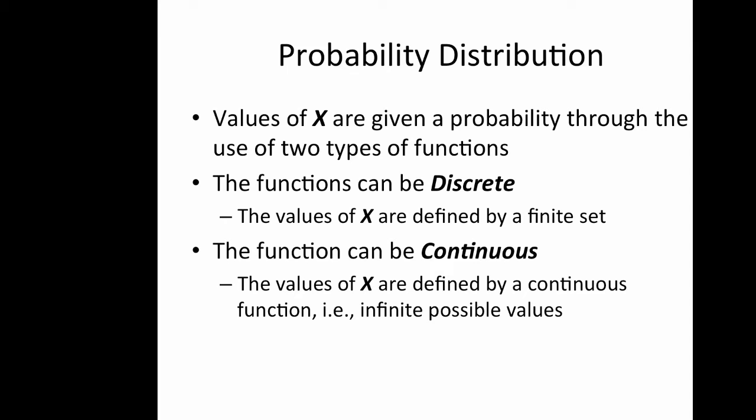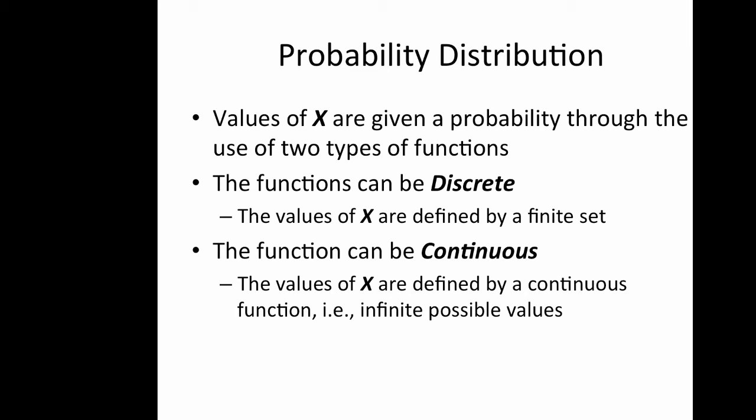The function could also be continuous. In continuous, the values are defined by a continuous function. In that case, as you know, a continuous function can take on any value, so there's really an infinite number of possibilities even within a range.